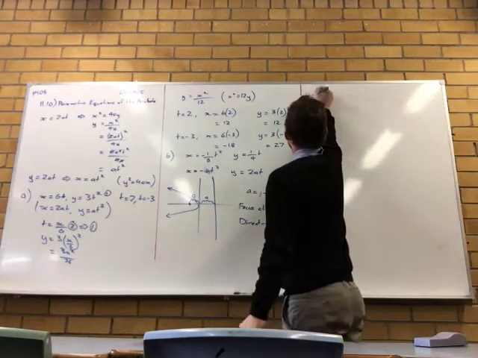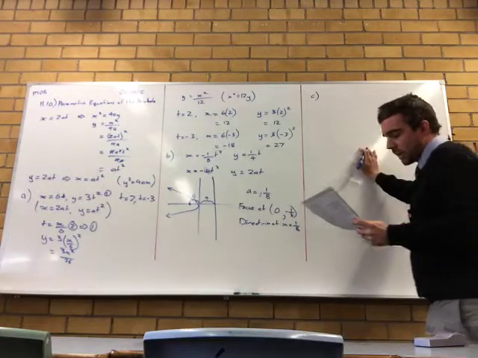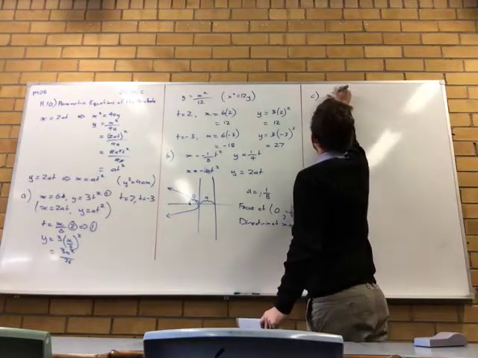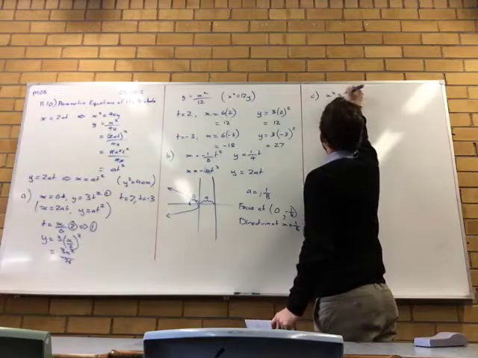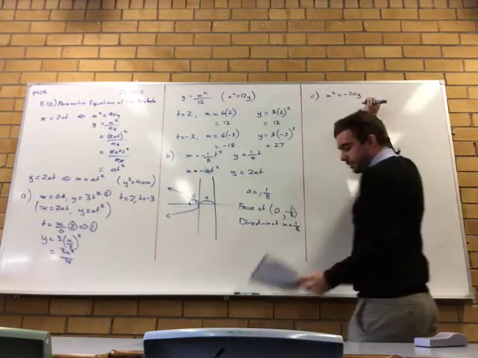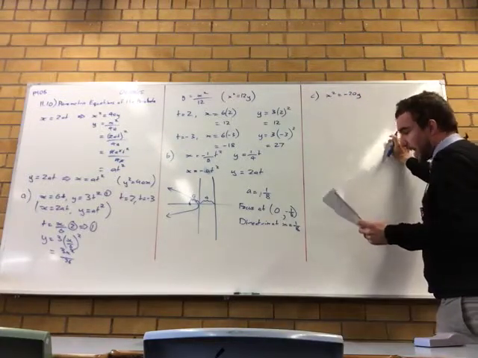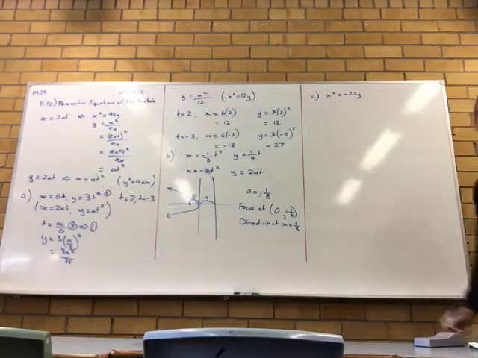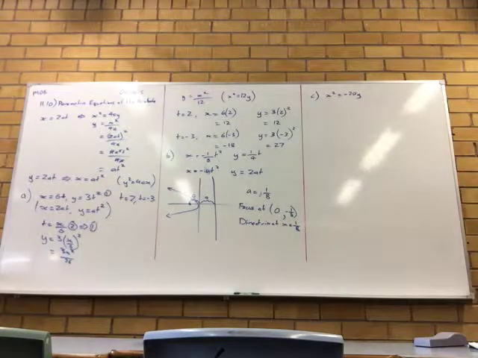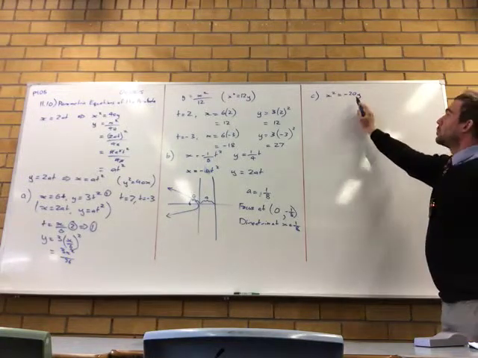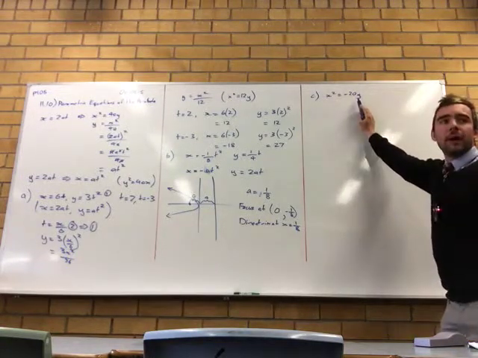Right, we need to now write x squared equals negative 20y as a set of parametrics. Now we need to introduce the variable t. So we have x squared equals negative 4ay, format here.